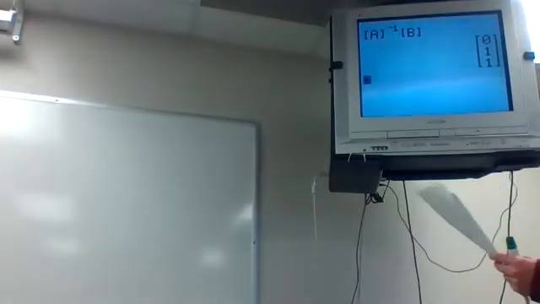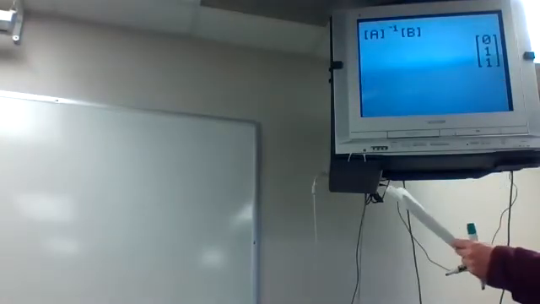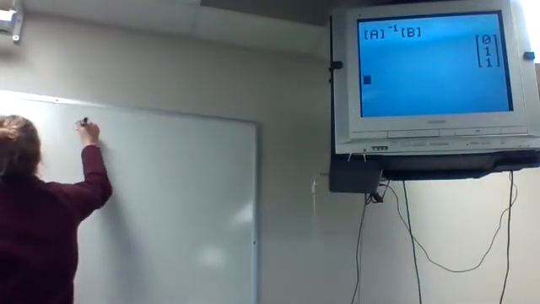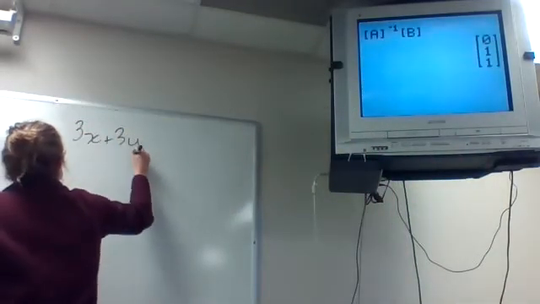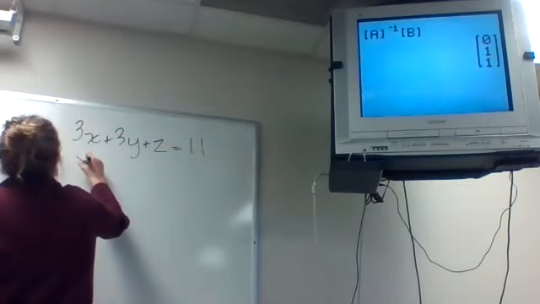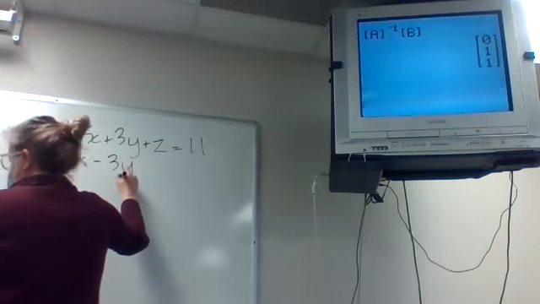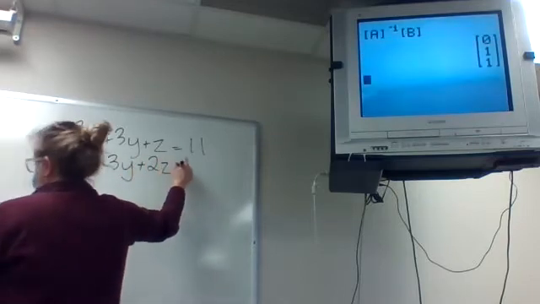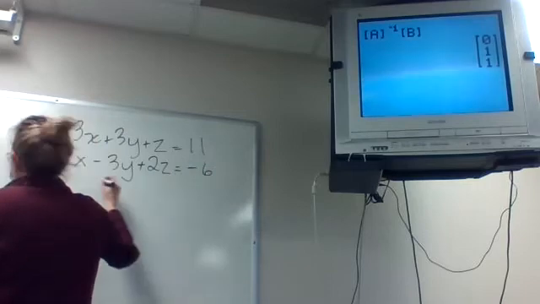Okay, so let's look at number 9. I've got 3x plus 3y plus z equals 11. x minus 3y plus 2z equals -6.